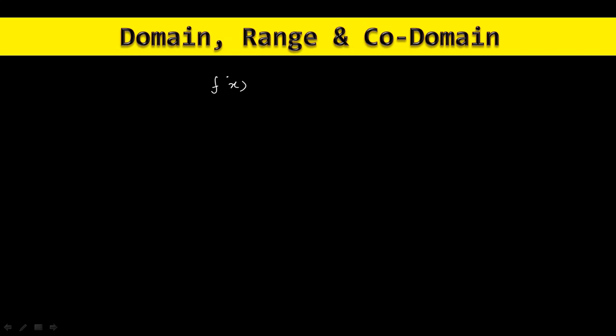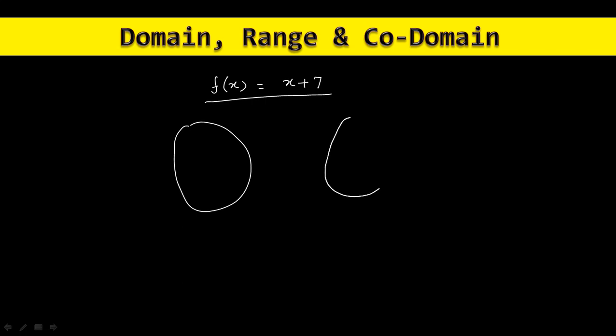Suppose f(x) is equal to x plus 7. Suppose this one is the function. Now, two sets are there. Suppose I am inserting 1, 2 and 3. Whenever I insert a value of x, this one is x and this one is known as f(x).